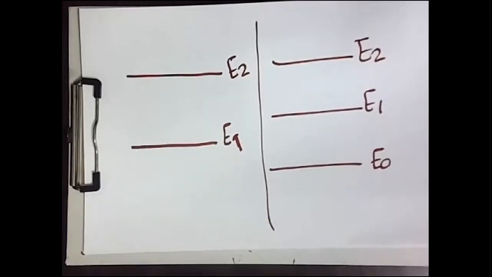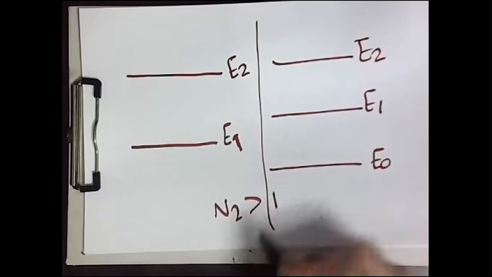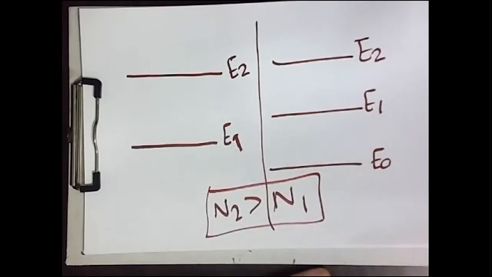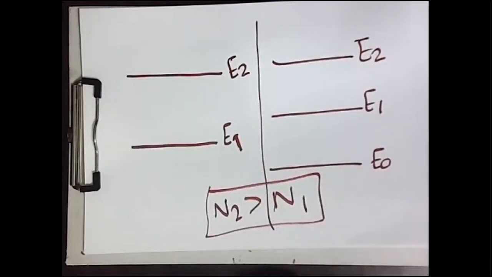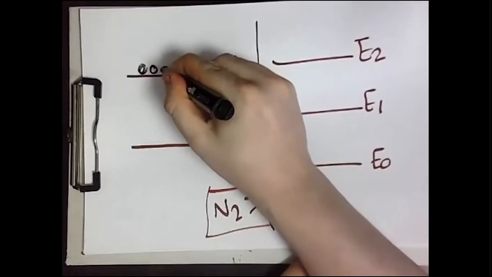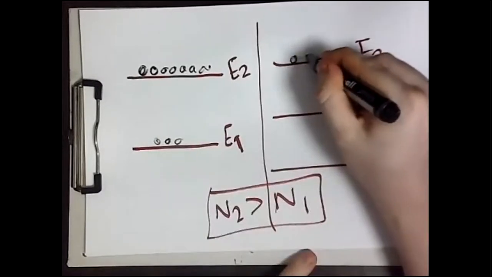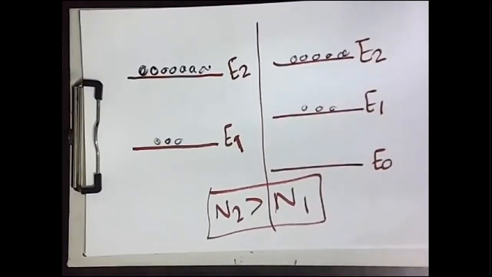We agreed together that in order to have a gain, we should have N2 greater than N1. So let's assume that we have N2 greater than N1. The starting point will be that you have a lot of particles here and a few particles in N1. So now both systems fulfill the condition. N2 is greater than N1.